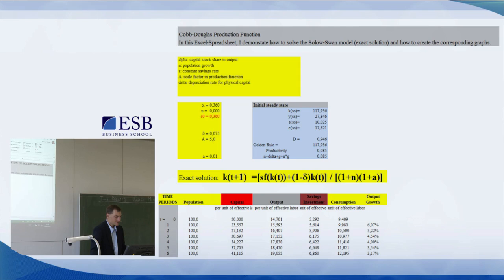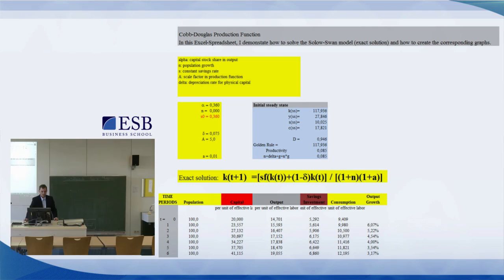Well, there is the population growth rate, this little n, for instance, here. There's the saving rate, there is the technology factor, there is this delta, which is the depreciation rate, and we have this alpha here on top. Well, the alpha, if we assume a Cobb-Douglas production function per capita, that is A times kt to the power alpha.